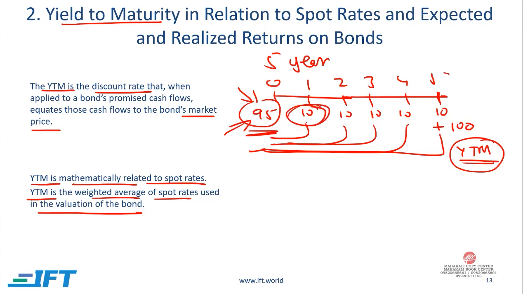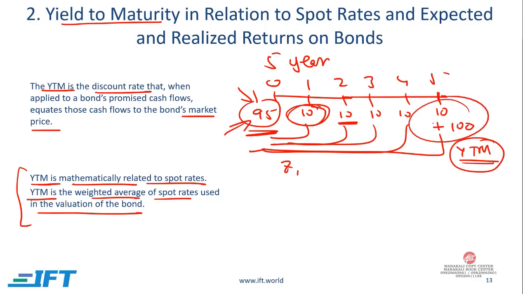So strictly speaking, the valuation of this bond would be based on all these cash flows and the spot rates. So this first cash flow of 10 should be discounted at Z1, which is the 1-year spot rate. This should be discounted at Z2, and so on. And these spot rates will be different depending on the shape of the yield curve. The Z1 spot rate would probably be different from Z2, and so on. But the relationship is that the yield to maturity, which is a single rate, is the weighted average of all the spot rates, and the weightage is based on the cash flow.